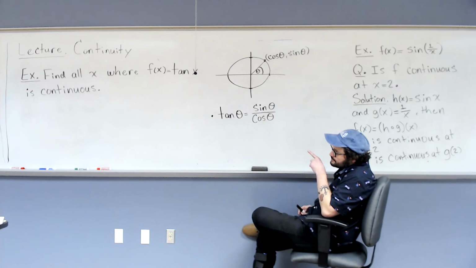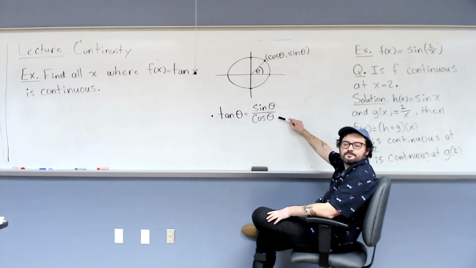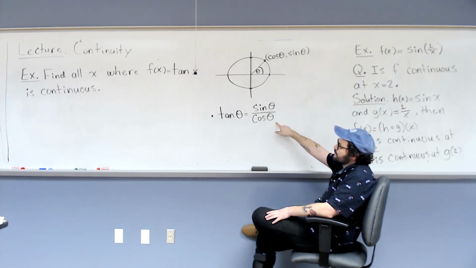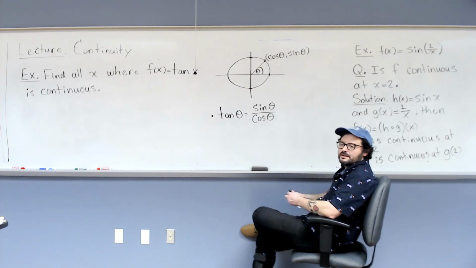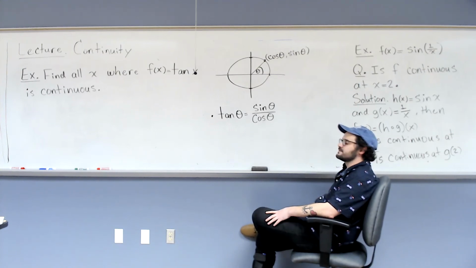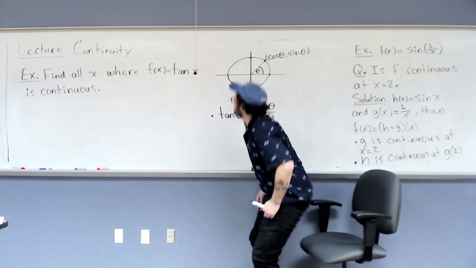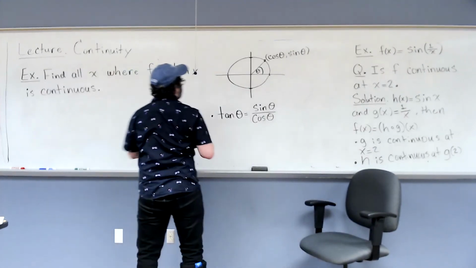So when considering where tangent of x is continuous, look to the definition of what it is. It's the ratio of sine over cosine, right? Now, can there ever be a problem here where there'll be division by something bad? Well, basically, look to the unit circle and find the points where x is equal to 0 and you have a problem with tangent, right?